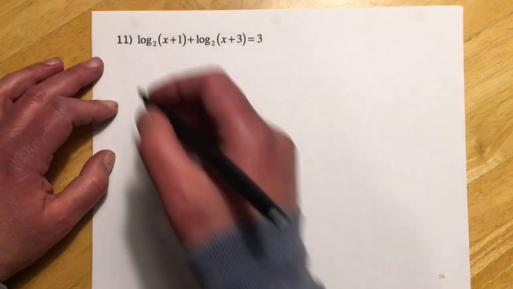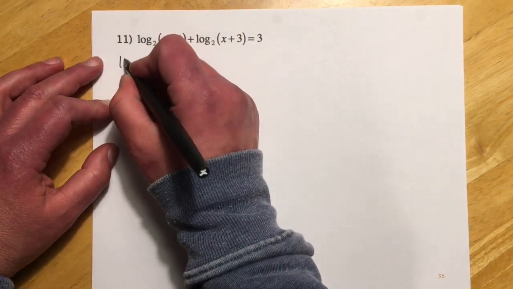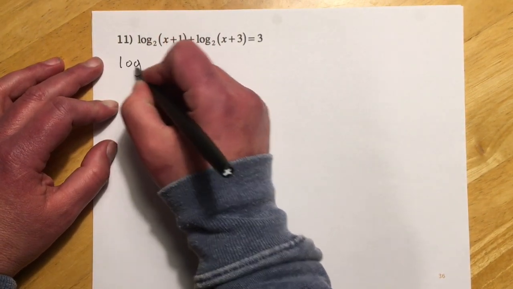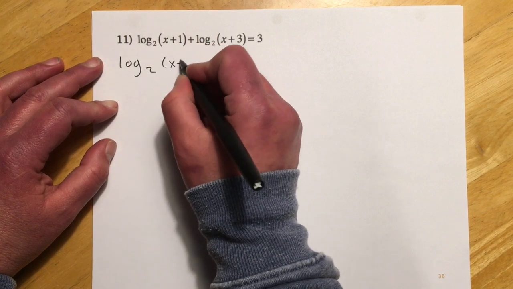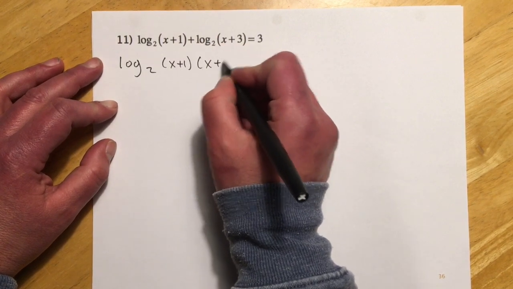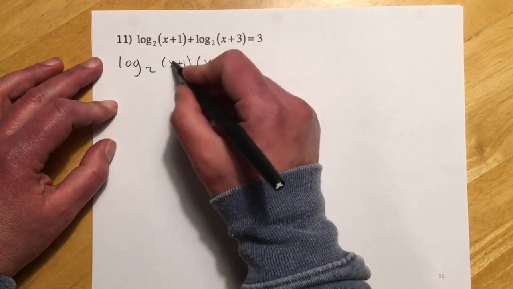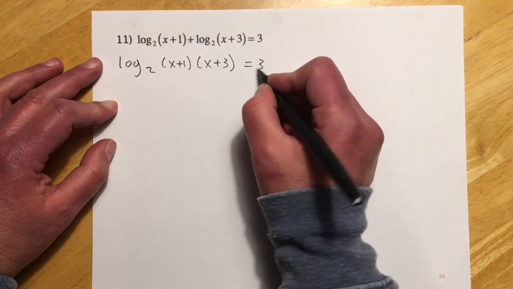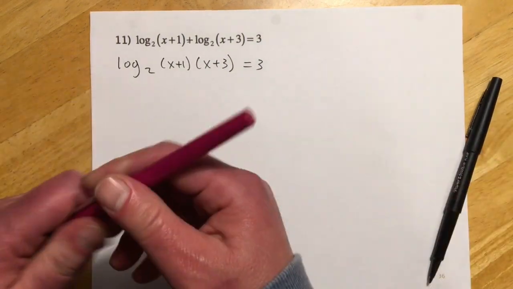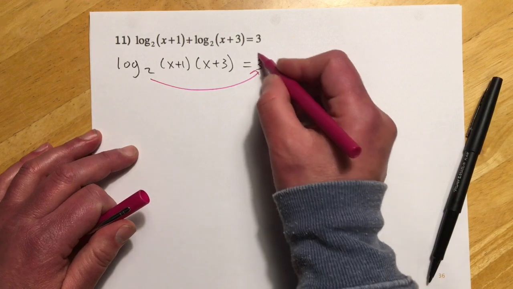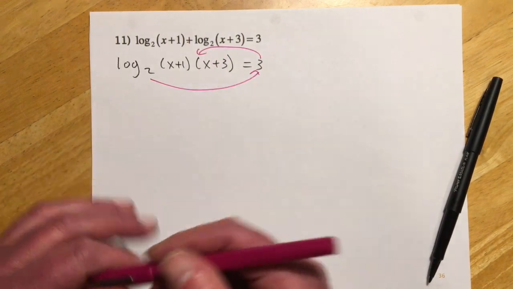Okay, and this last one's basically the same thing, just FOIL instead of distribute. So we have log base 2 of x plus 1, x plus 3, addition, so I'm writing as multiply, equals 3. And then we'll do our 2 cubed makes this stuff.